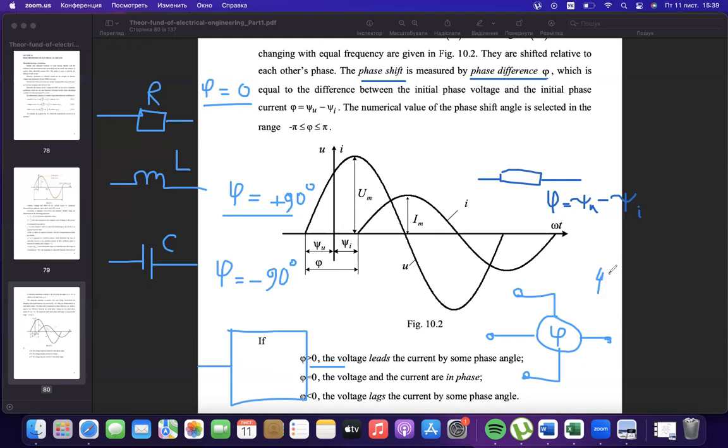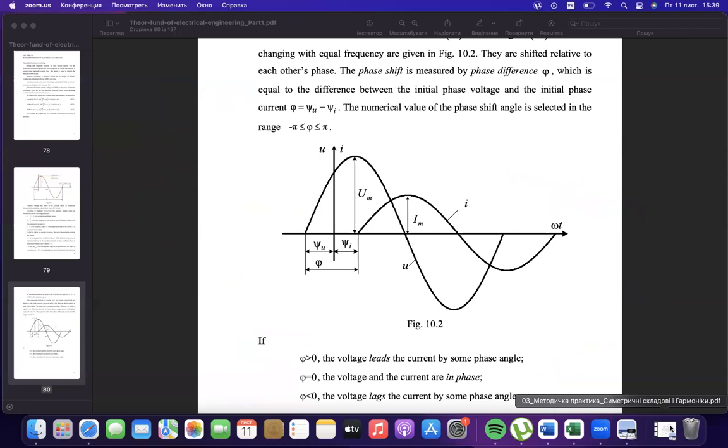For example, you measure the angle and obtain 45 degrees. Then it means that inside this box you have a resistor and a coil. All together they make the angle 45 degrees, and so on and so on. We will also check it in practice a little bit later, but the main idea you have to remember is that the difference between these two curves is an important characteristic.